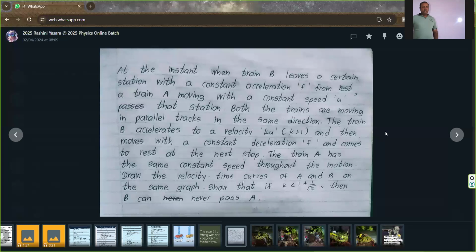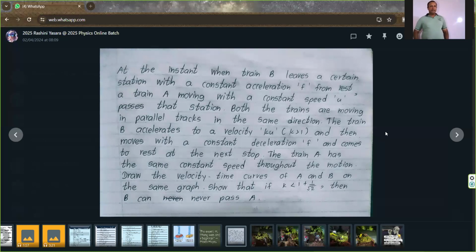At the instant when train B leaves a certain station with a constant acceleration f from rest, a train A moving with a constant speed u passes the station. Full stop. Both the trains are moving in parallel tracks in the same direction.